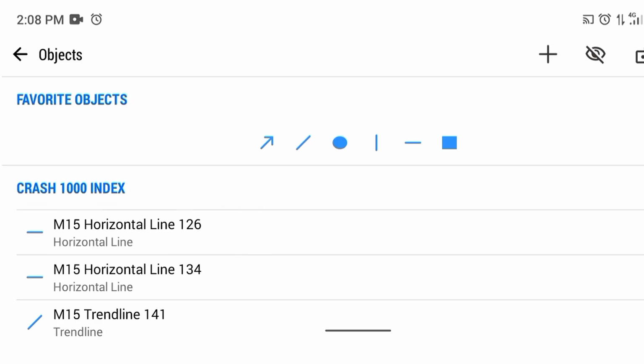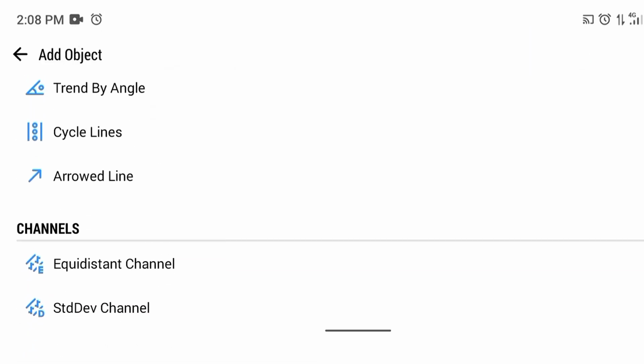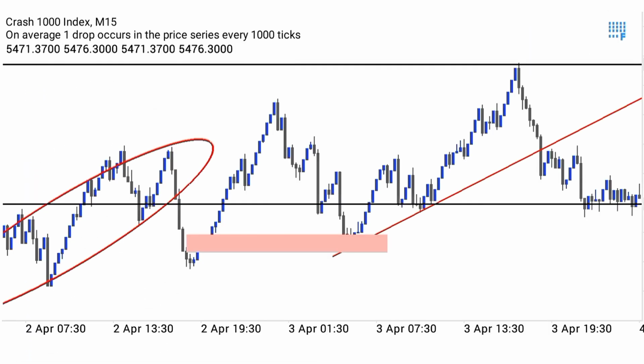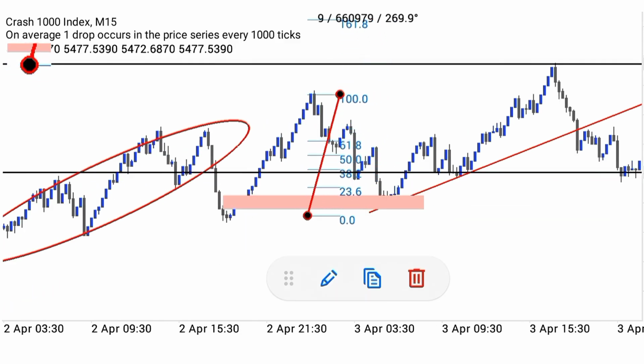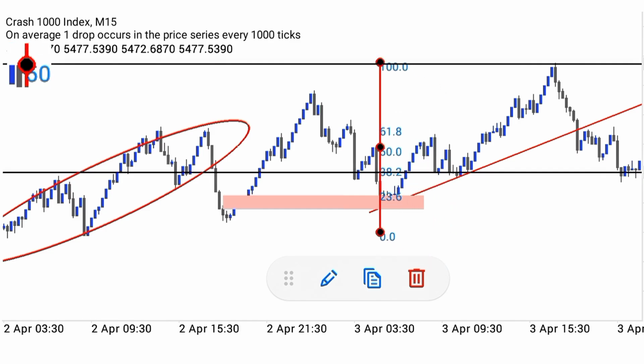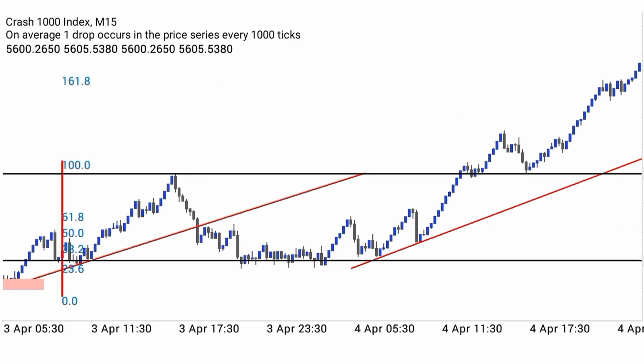We have another one. We have Fibonacci retracement. This one is also very important when you're trading. It's a very effective trading strategy, the Fibonacci. And there are lots of them.